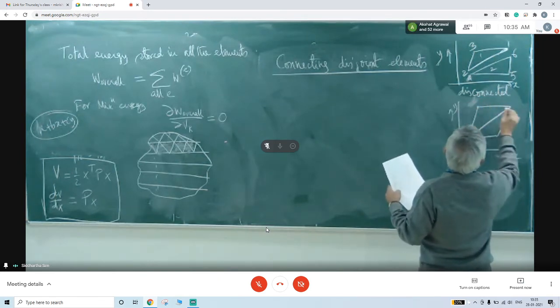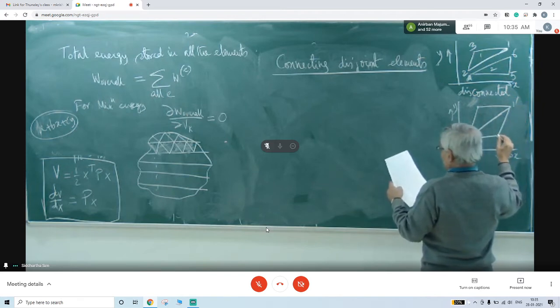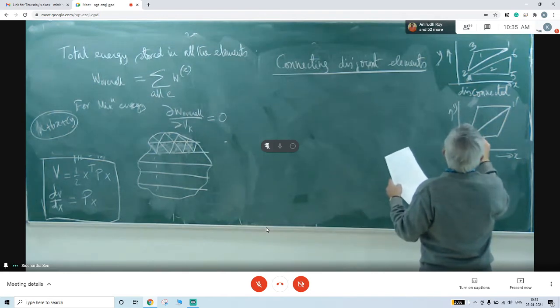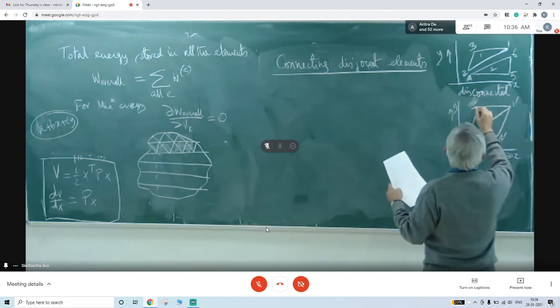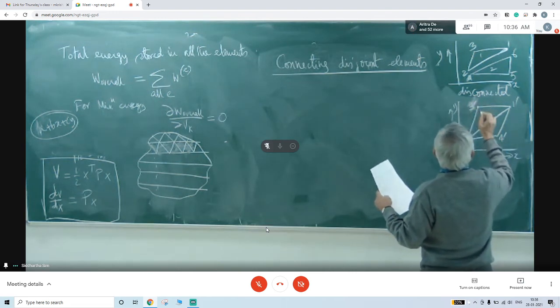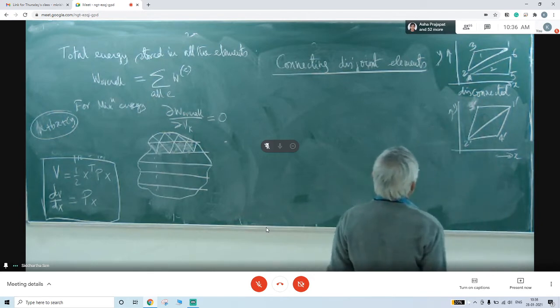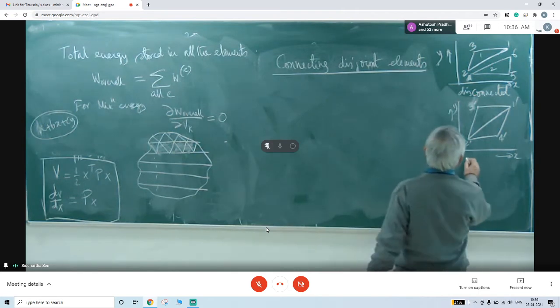I put it this way: 1 is here, 1 dashed, here I call it 2 dashed, 3 dashed, and here 4 dashed. So basically the 6 nodes come down to 4 nodes, so naturally that will reduce our computational burden. So this is your connected.